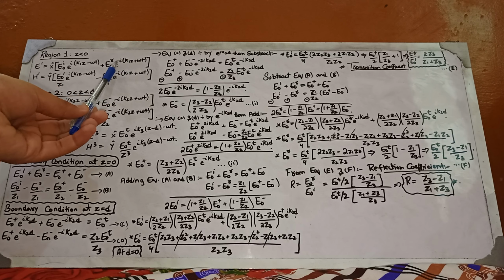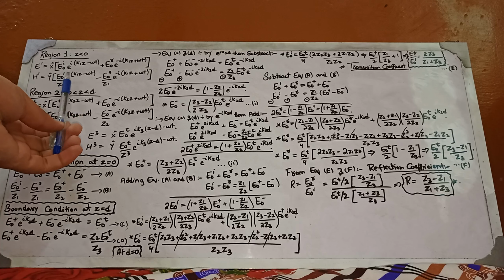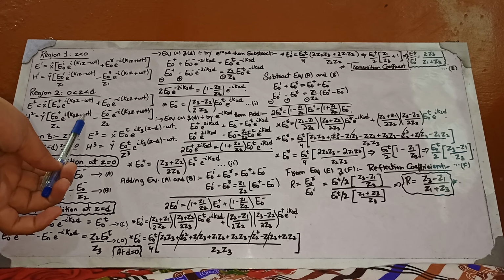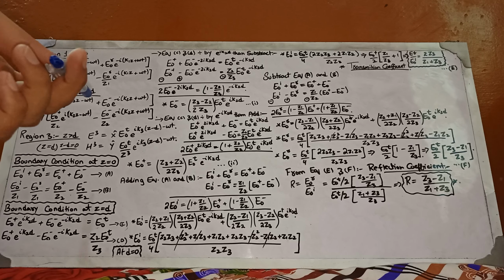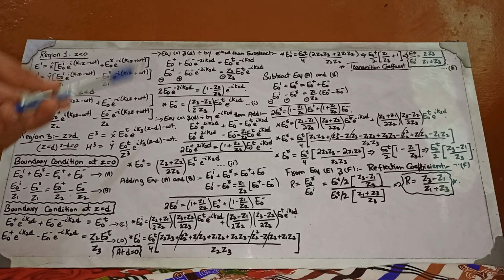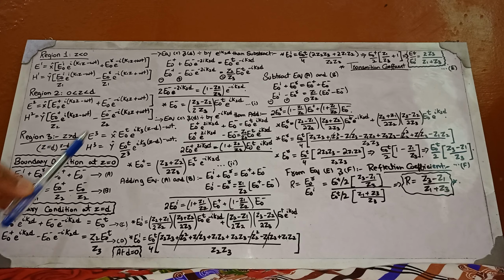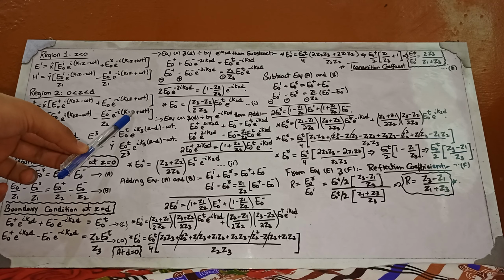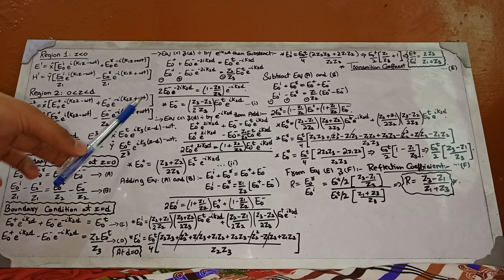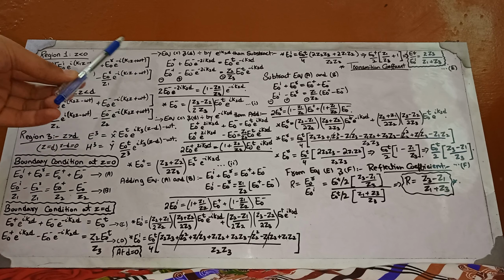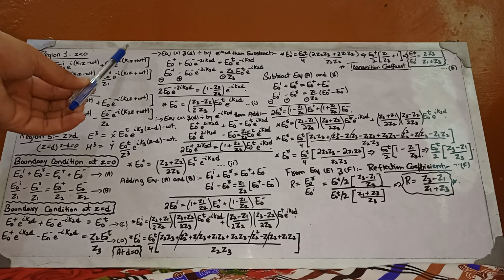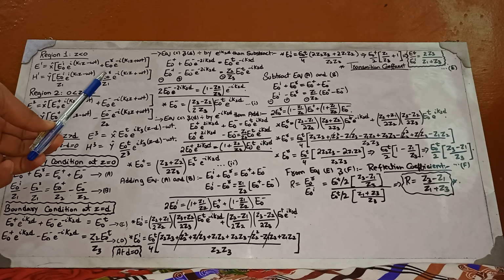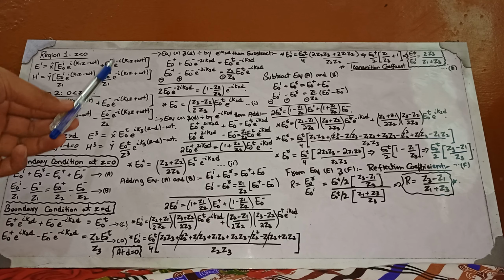Taking e power iota omega t common from all these equations, you can cancel it, so you will only get e power iota k z, with z equal to 0, because 0 multiplied by iota k becomes 0. In all of them you can see the exponential power iota k z. Once z is 0, the power of the exponential becomes 0, and you know that e power 0 is equal to 1.